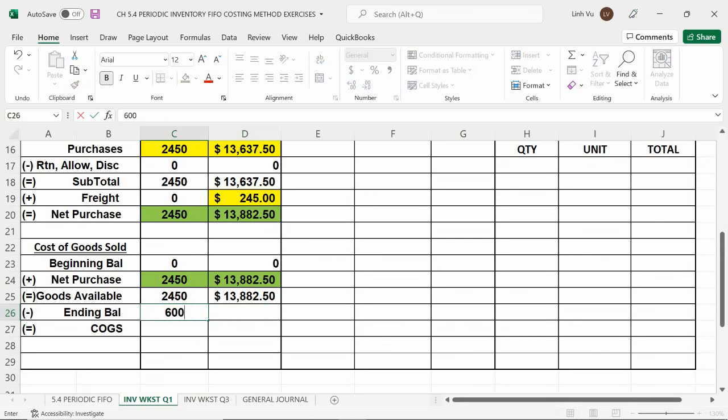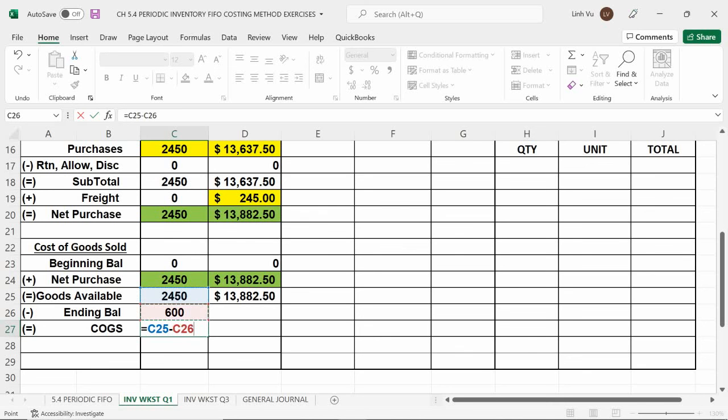So 600 units. So in this case, how do I solve for my cost of goods sold? Right? Here gave me an indicator that my goods available minus ending inventory is going to give me my cost of goods sold.